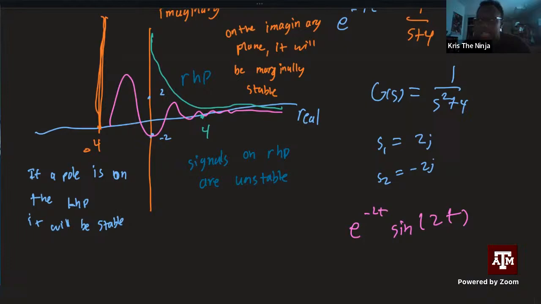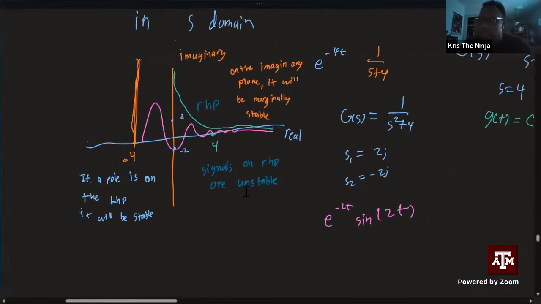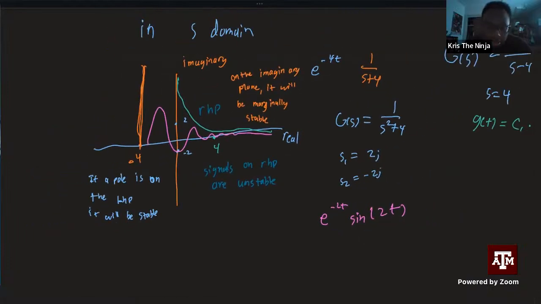Okay, so those are the rules of how the planes dictate whether or not a system is stable. There's a great picture that I'm going to show briefly.